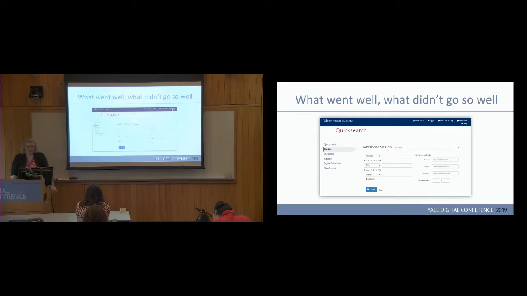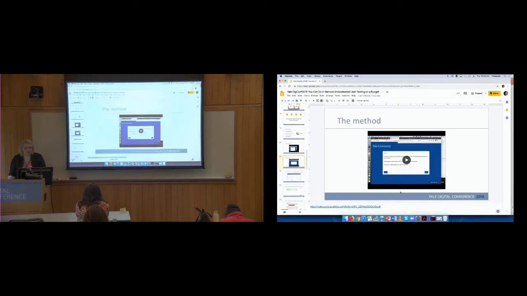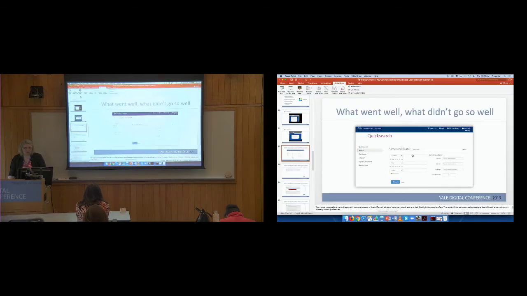Okay. So I was mentioning that there's the comparative test, and I will show you the survey. Actually, I won't show you the survey. I want to make sure we have time for questions, so we'll just keep going.